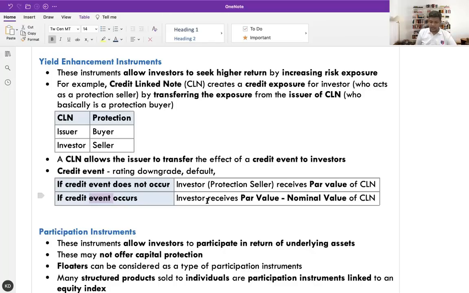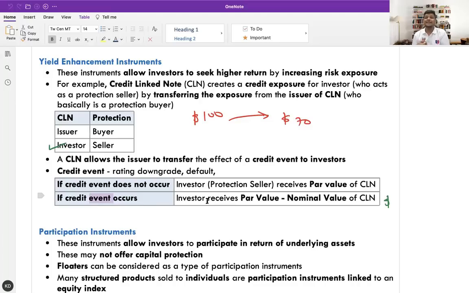For example, let's say the bond's value was $100, but now due to some default or credit downgrade, the bond's value has become $70. So who will bear this credit risk? The investor, the protection seller. So this $30 will be the loss that I will bear.